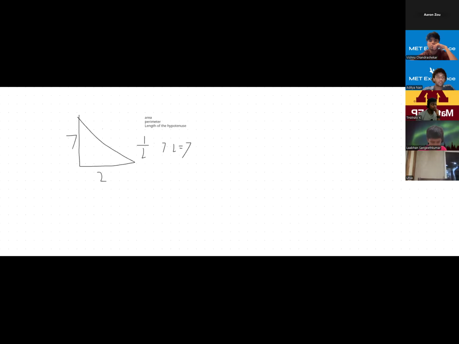Okay, perfect. I saw a lot of square root of 53. So let's go through the a squared plus b squared equals c squared process. We got 2 squared plus 7 squared equals 4 plus 49 equals 53.